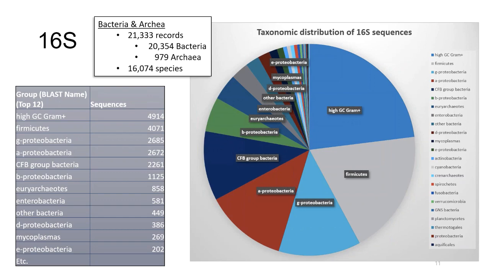And then there are a number of other organisms represented here. So we have a broad spectrum of things. Of course, we'll talk later on, this is just a tiny bit of the microbial diversity that's out there. There are 21,333 of these records, 20,000 of them for bacteria, 979 for archaea, and it's about 16,000 species at this point.